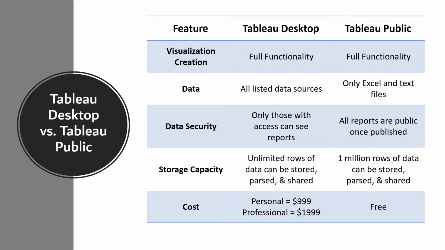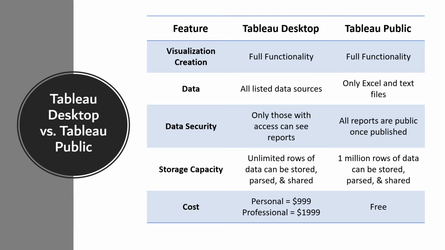Tableau Desktop and Tableau Public are very similar. In terms of functionality, they're basically the same thing. There's a cost difference, of course, because Tableau Public is free and Tableau Desktop is far more. And the storage capacity is a little different. You can only go up to 1 million rows of data in Tableau Public and then unlimited in Tableau Desktop.